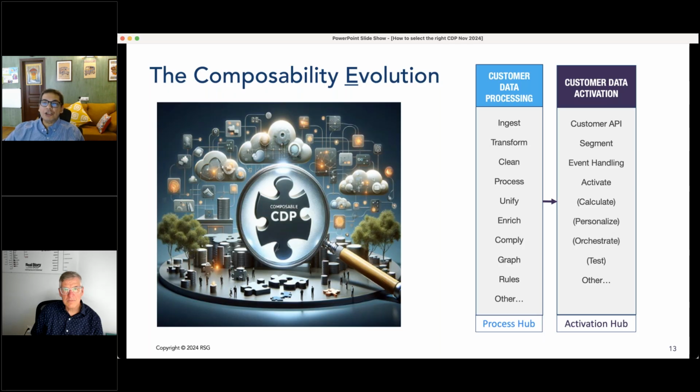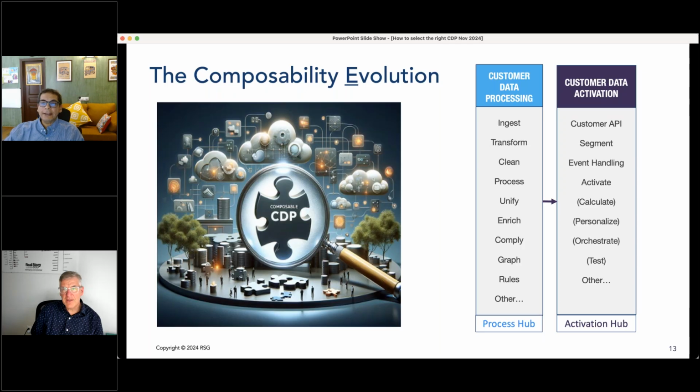So as organizations become more sophisticated, as they learn more, they are realizing that one size fits all doesn't work with CDPs, and so they are figuring out exactly what they want their CDP to accomplish, and then assembling solutions by composing different services, not necessarily from a single vendor.